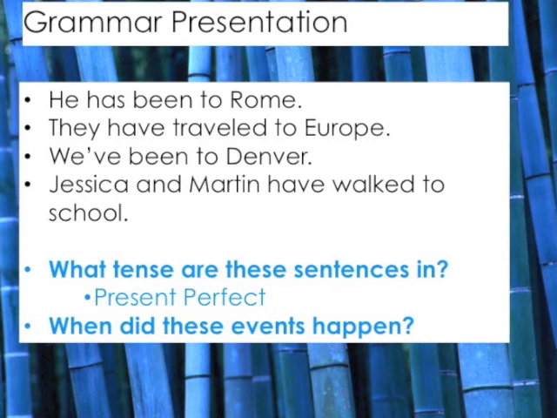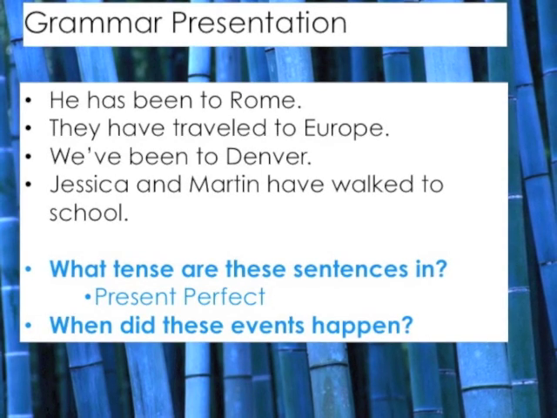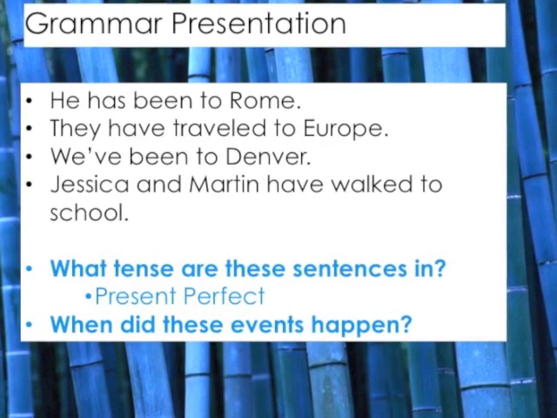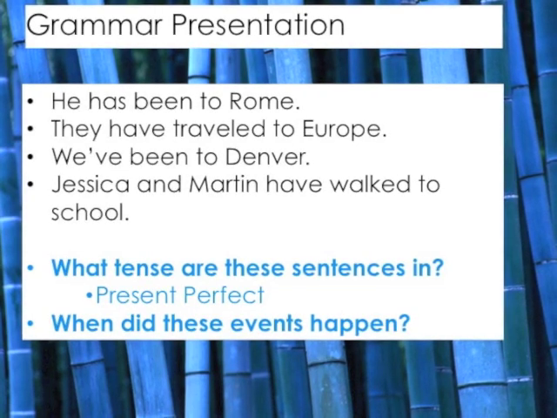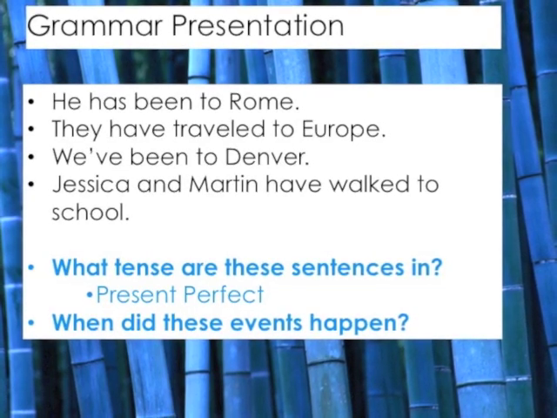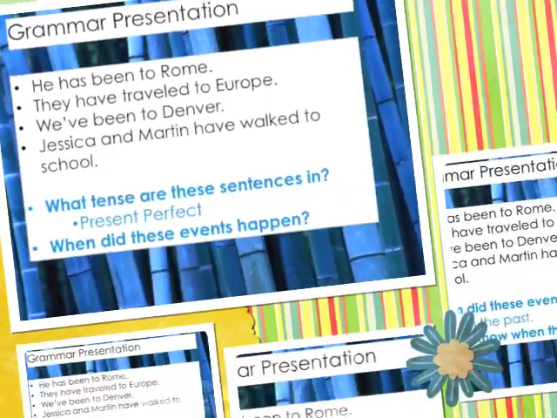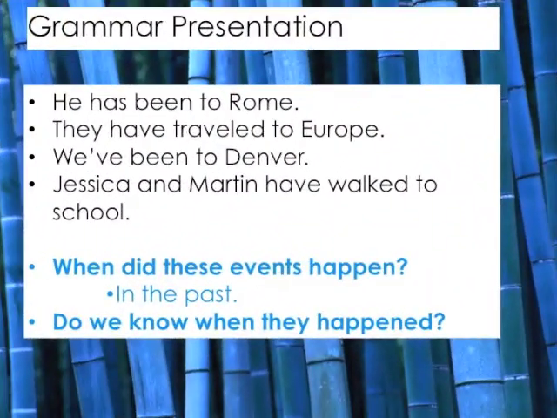If you figured out that these sentences are in the present perfect, great job. You did it correctly. Looking at the sentences some more, can you figure out when these events happened? Because they're in the present perfect, we know that the events happened in the past. But can you figure out when exactly they happened?